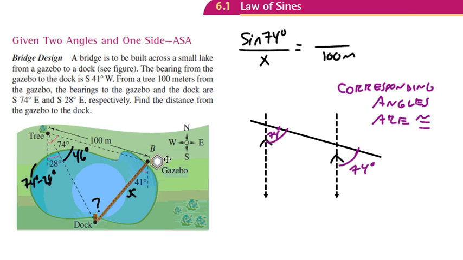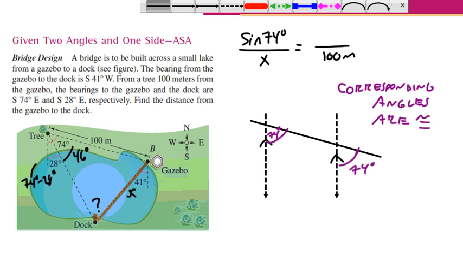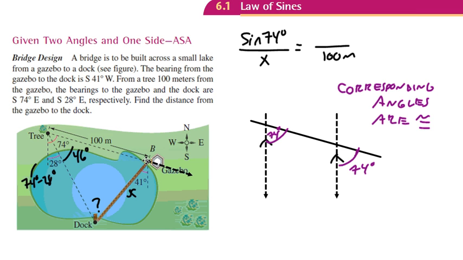So if I were to extend this line out like this, then I can think of this whole thing, from here to here, as 74 degrees. And now we know that any straight line gives us 180 degrees, right?